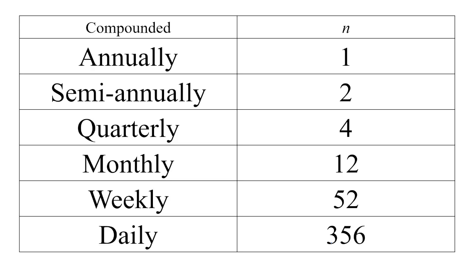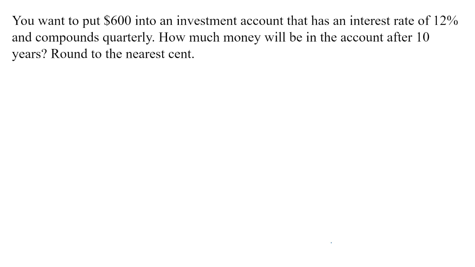Compounded semi-annually, twice a year. Quarterly, 4 times a year. Monthly, 12 times a year. Weekly, 52 times. And daily, 365 times. So with that being said, let's look at some examples.